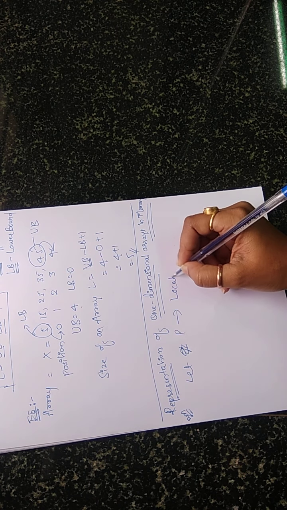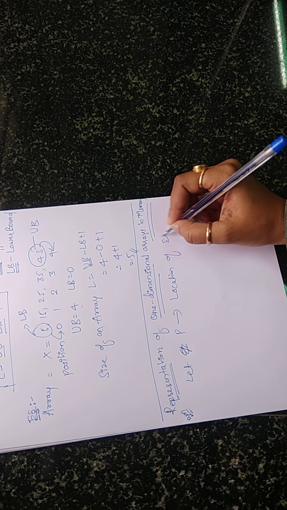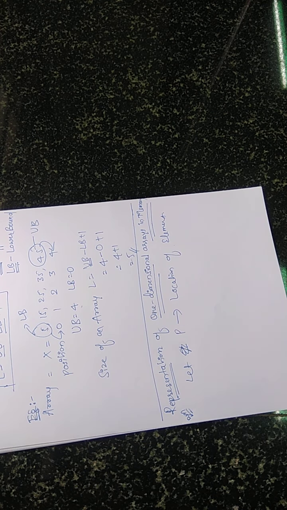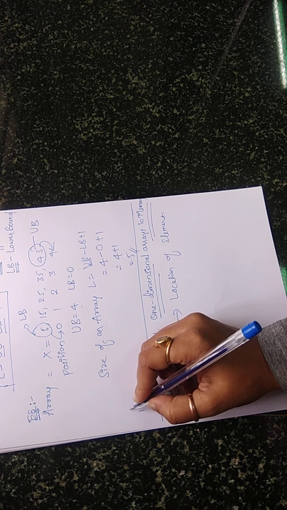Now, the address of the first element of your linear array. Linear means in sequence, one after the other, stored sequentially without any break. If the memory address is 100, the first element is stored there.